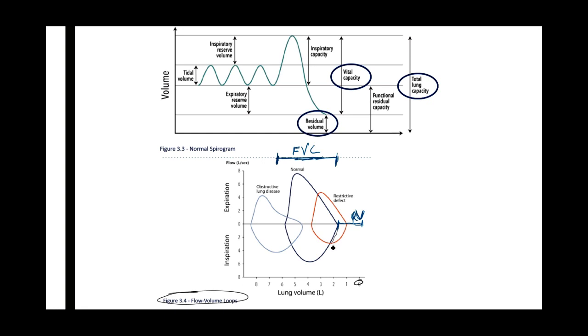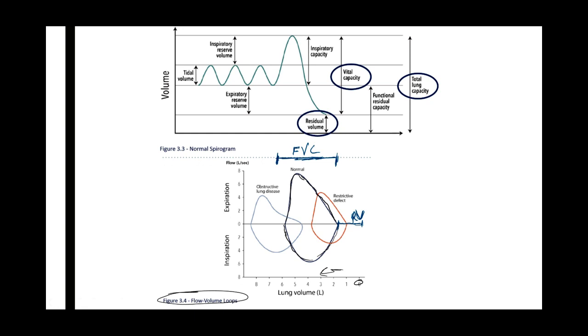As you're breathing in, the lung volume is increasing. When you get maximum lung volume, you start expiration, and as you expire, you're losing lung volume back to the starting point. So it kind of makes sense.